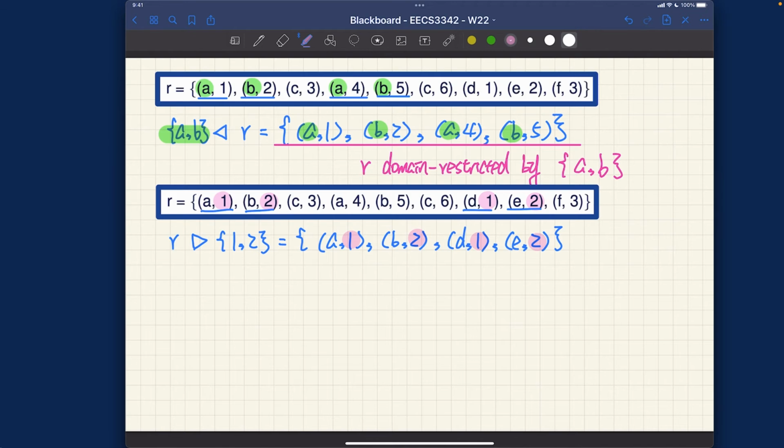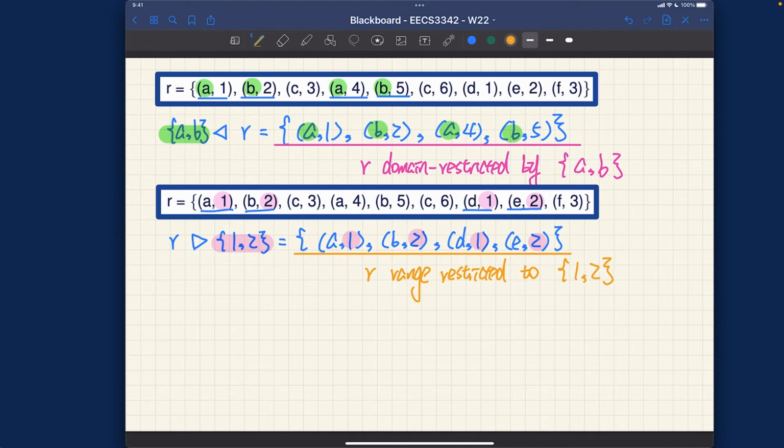The range simply corresponds to the range that we want to range restrict to. For this one, I can also write it down for you one more time. So here you can say R range restricted to 1, 2.